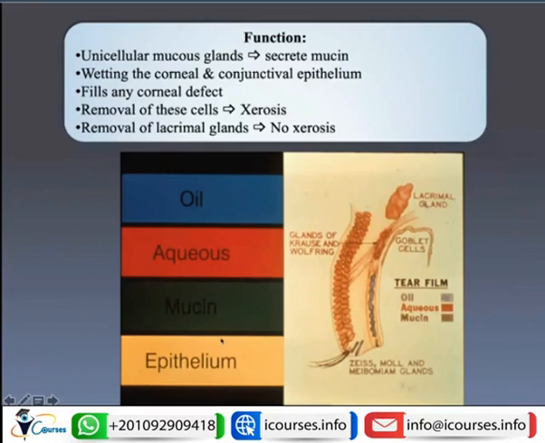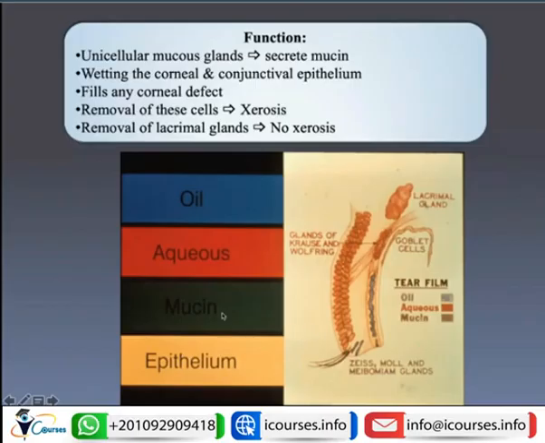So the mucin is the innermost layer of the tear film to the epithelium, and its main function is to make the tear film adherent to the surface of the globe, and it causes the moistening of the cornea. So it will lead to wetting of the cornea and the conjunctival epithelium, and it will fill any corneal defect.